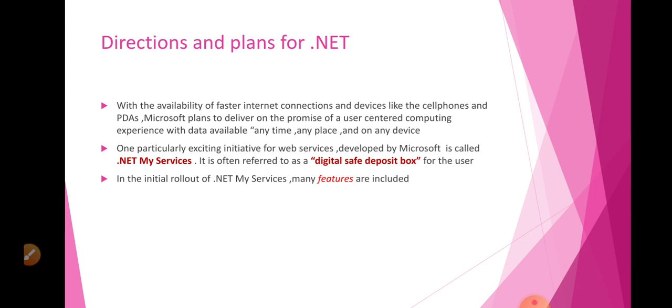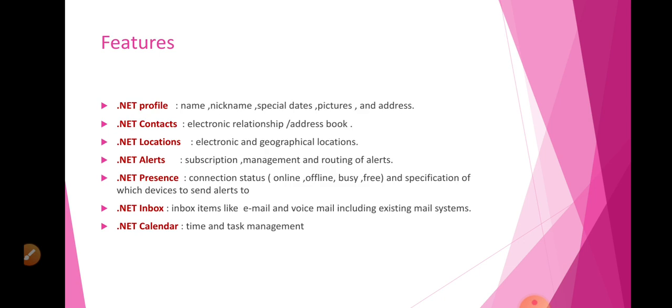For that, Microsoft developed a web service called .NET My Services. It is also referred to as a digital safe deposit box for the user. That is, it contains many more features inside .NET My Services. Now we are going to see the features of .NET My Services.